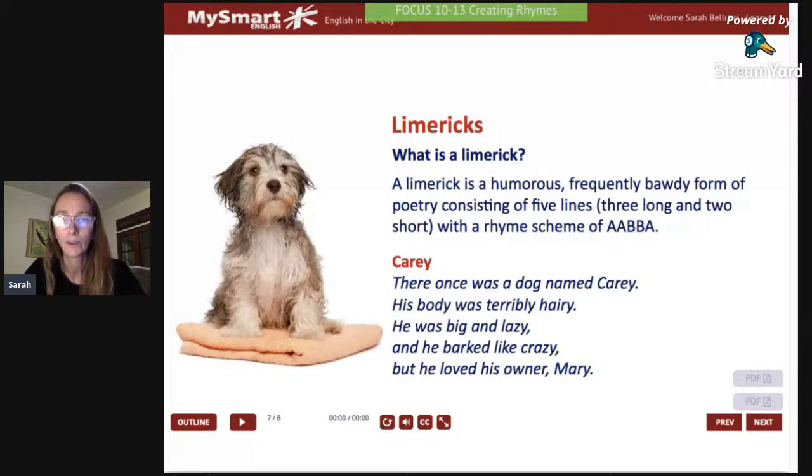I'll give you a clue. It's almost like the opposite of polite. So the opposite of polite is rude. No? Okay, so this particular example of limerick here about this gorgeous little dog called Carrie is not rude at all, okay? But a lot of limericks can be quite rude, okay?